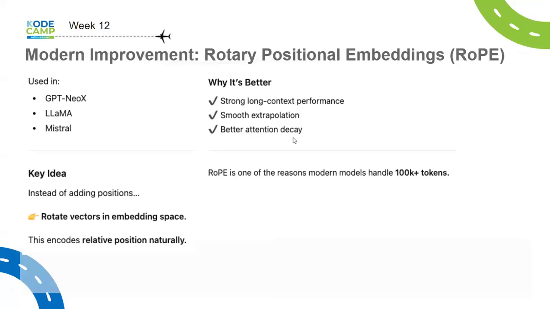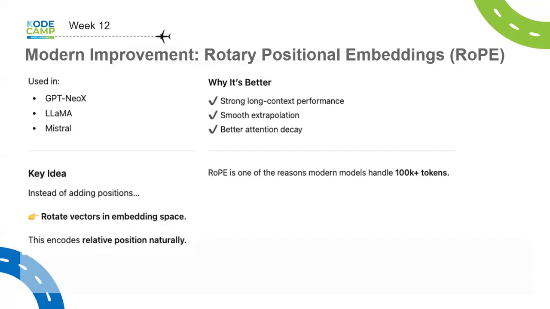Rotary positional embedding, RoPE. This is just a better way for you to do positional encoding or positional embedding, instead of using that sinusoidal one that I just showed you, right? RoPE tries to do something more fancy, essentially rotating the vectors in embedding space, and then it encodes the relative position of the vector.